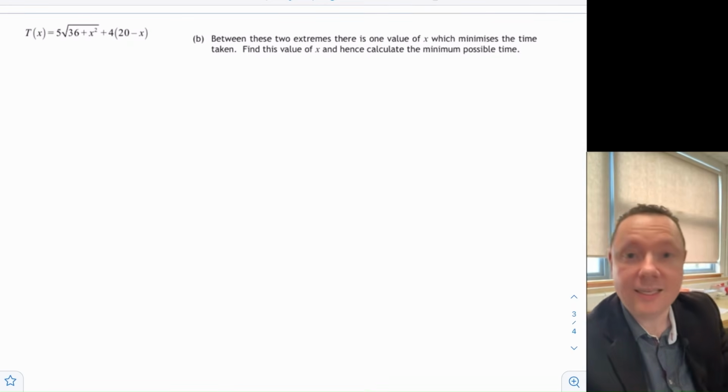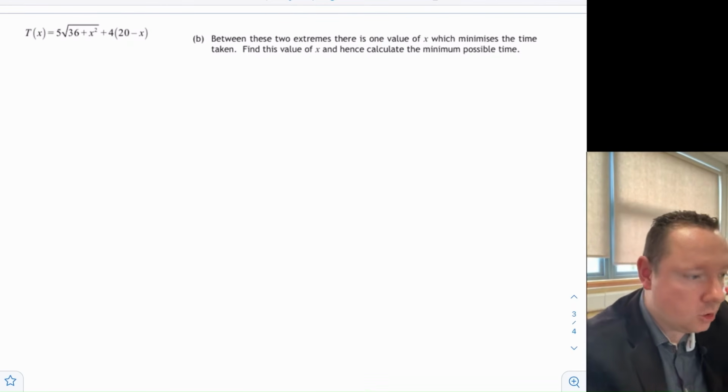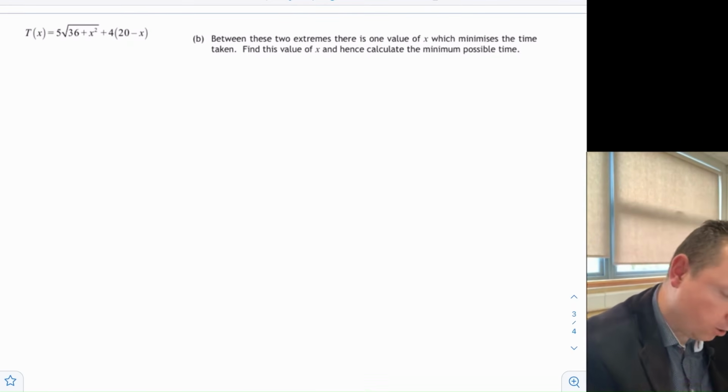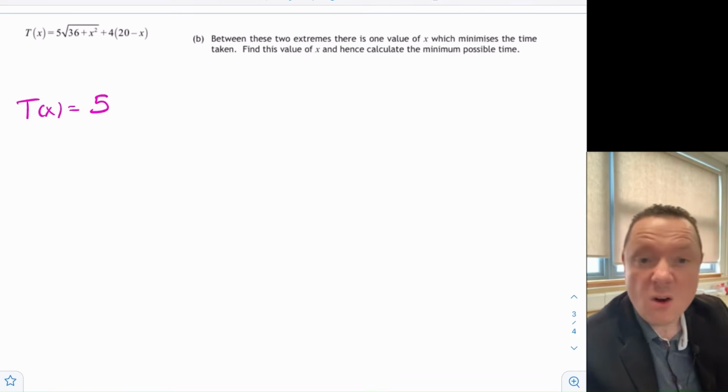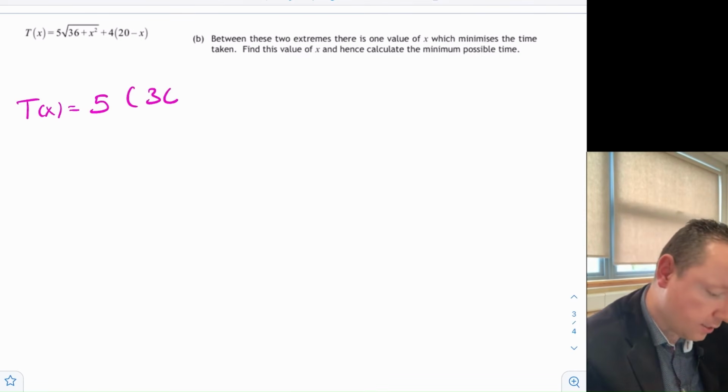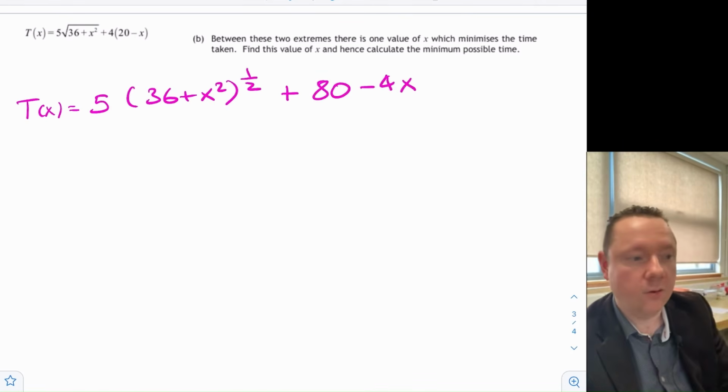So step 1, I need to get it ready to differentiate. So if we look at our T of x, the surds can become a power. So that's 5 times (36 plus x squared) to the power of a half, plus 80 minus 4x, just by multiplying out the bracket.